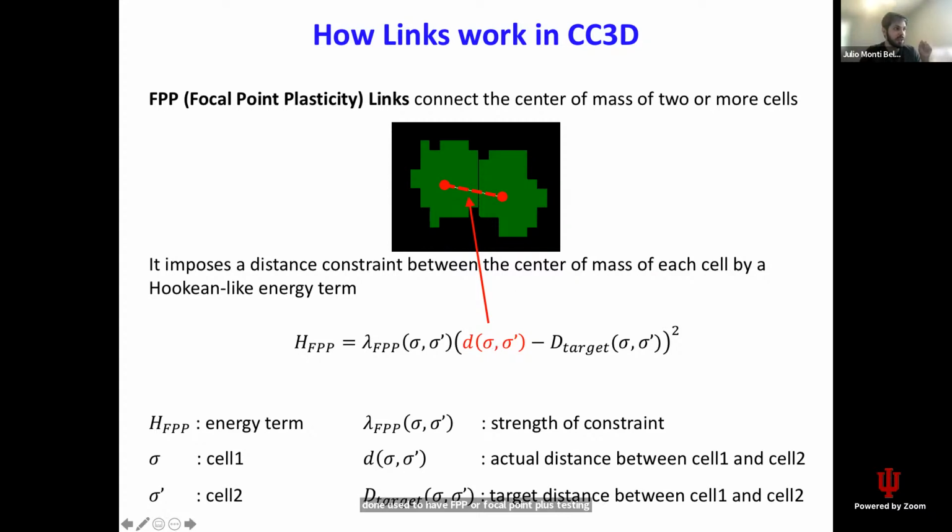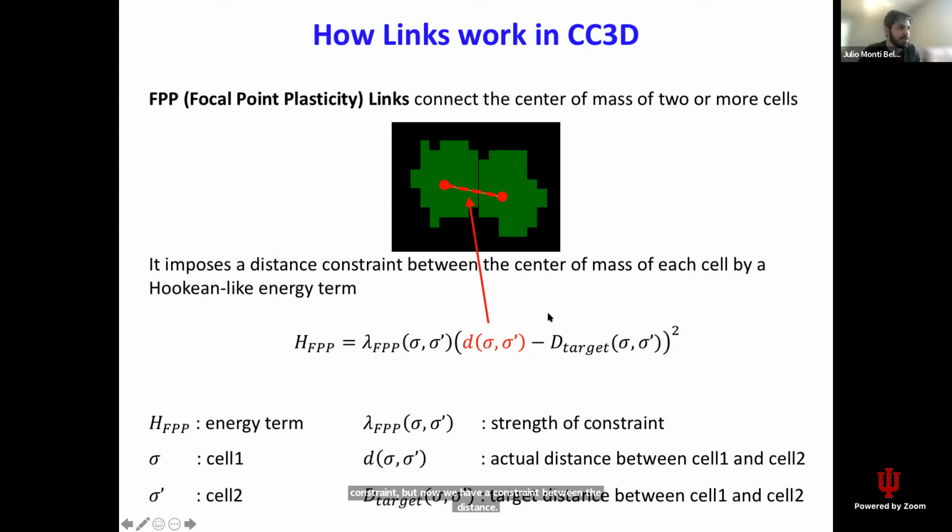You calculate the distance between the centers of mass of two cells, compare that to some ideal distance that the cells should have, which can be higher or lower, and then square that and add a lambda in front of it to make it higher or lower in energy. Okay, so that's basically the same formula that you had for the volume constraint, the surface constraint, the length constraint, but now we have a constraint on the distance between two cells, okay?